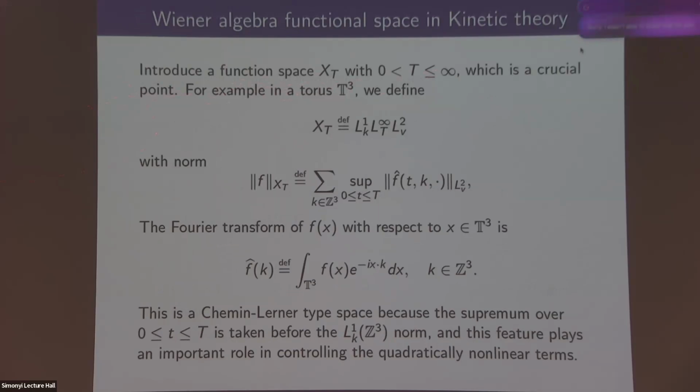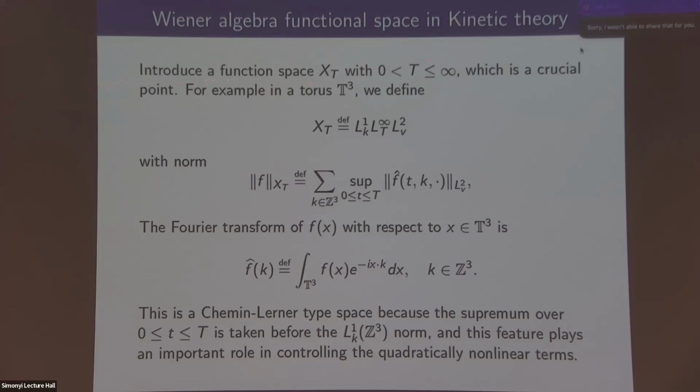I was talking about my work on low regularity solutions to the Muscat problem. Renjun Duan had flown there from Hong Kong to Madison, and he came up to me after the talk and said, "We should try to use this space for the Boltzmann equation." And that's how this paper started.